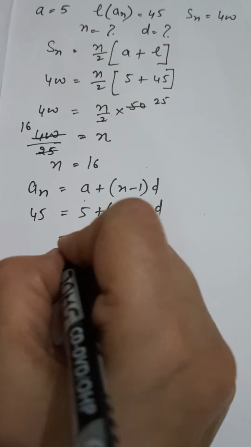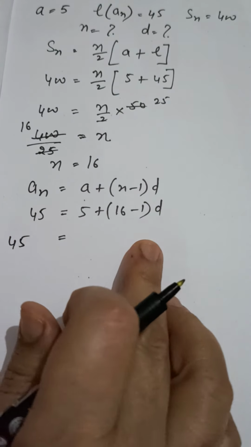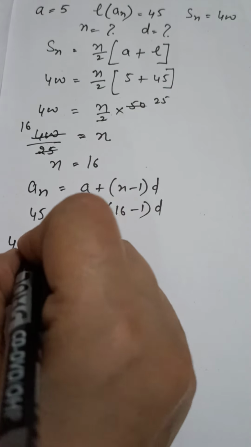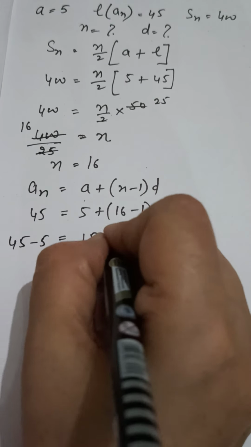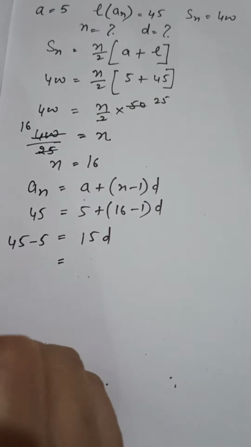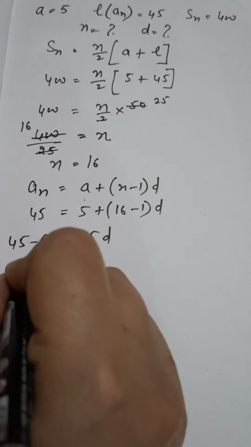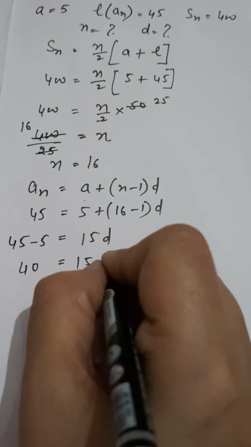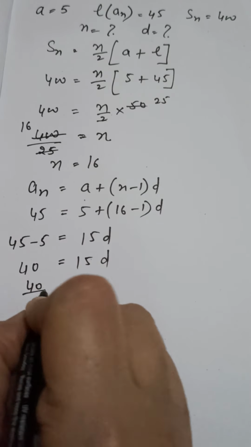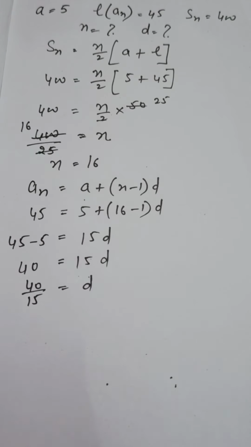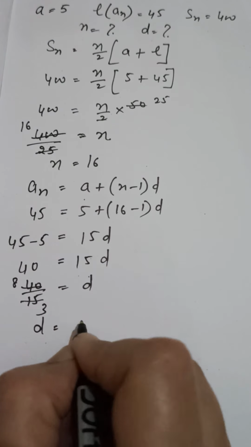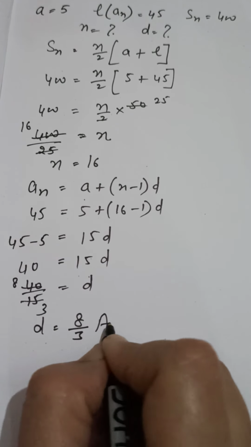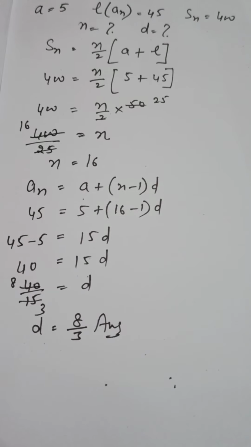We can find the value of D easily. 5 moves to this side, 45 minus 5 is equal to 15D. That means 40 is equal to 15D. Then 40 over 15 is the value of D. 5 threes are 15, 5 eights are 40. So D is equal to 8 upon 3. That is your answer.